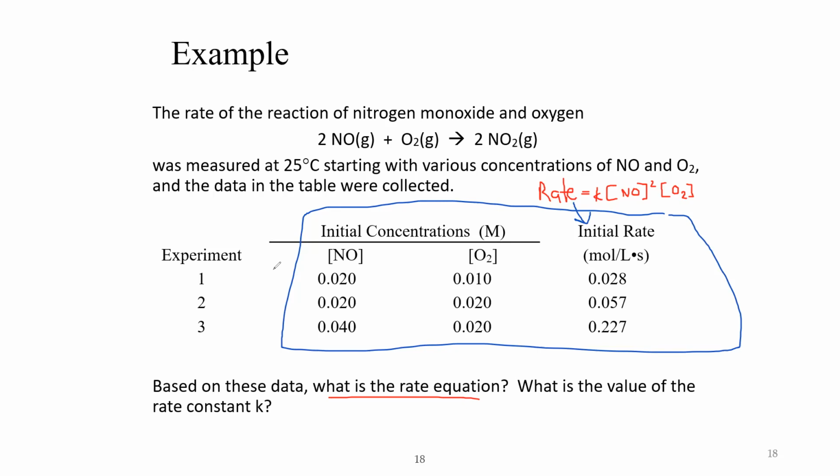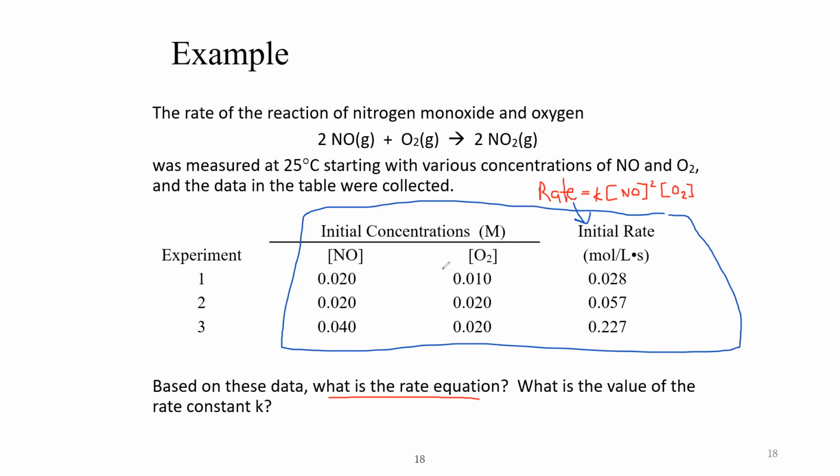So what we can do is just pick one of these trials, plug in all of this information, and solve for K. I'm just going to pick trial 3 just because it's got the biggest rate. I don't like working with small decimals if I don't have to. So 0.227, just a little bit bigger there.